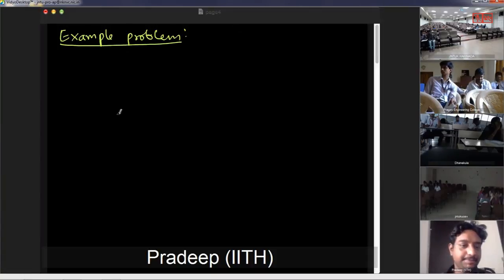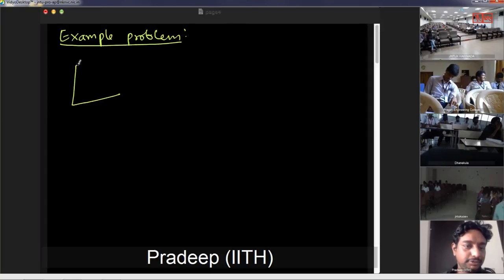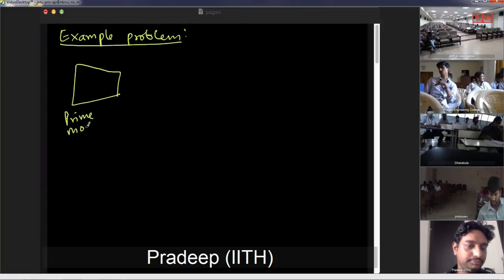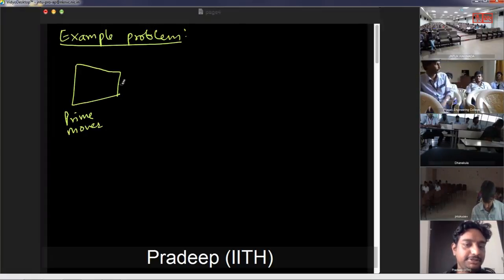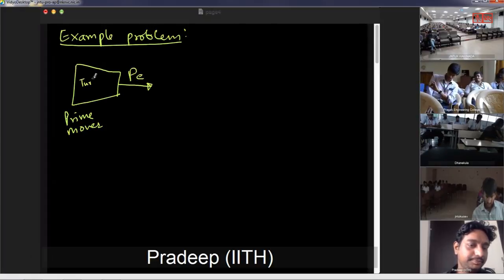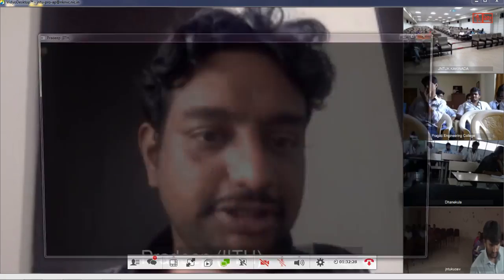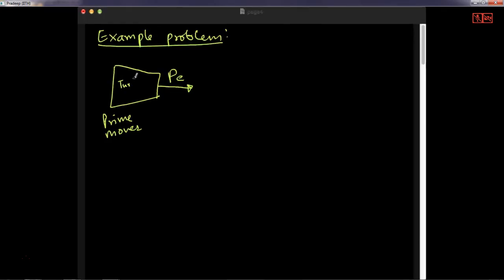So the problem is like this. So I have a prime mover. Let's say it's a turbine, and this is giving PM.